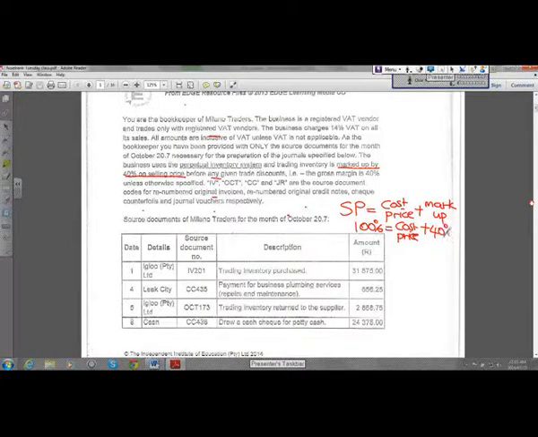So mathematically we just say 100% minus 40% is equal to the cost price. So our cost price will be 60% of the amount. The amount we have calculated, we are going to take 60% of that because that is going to be our cost price.